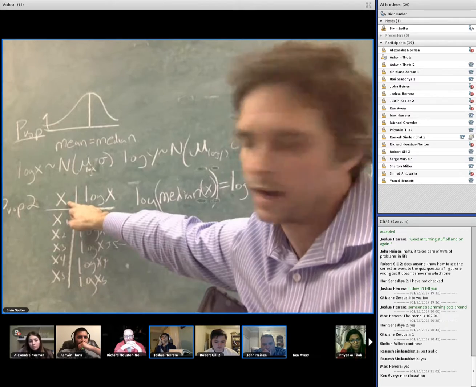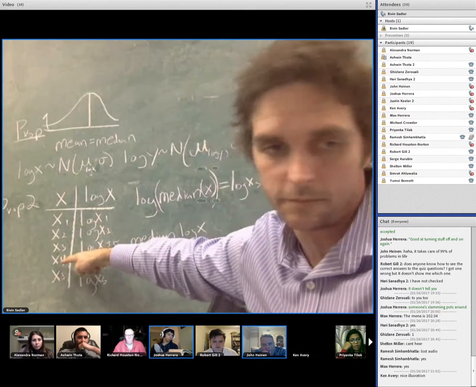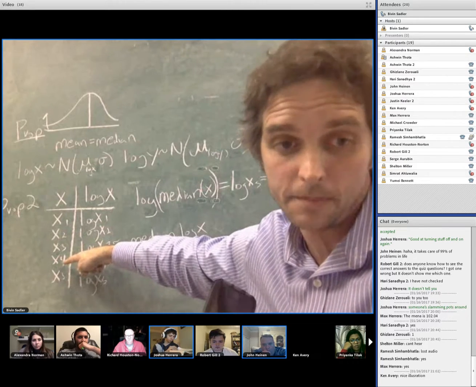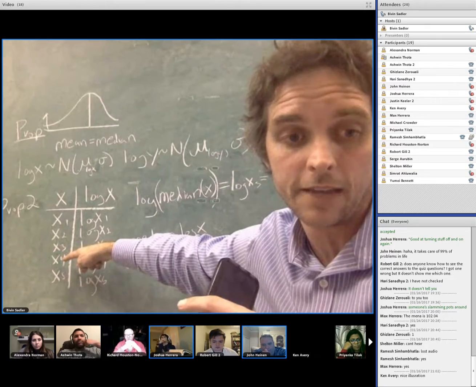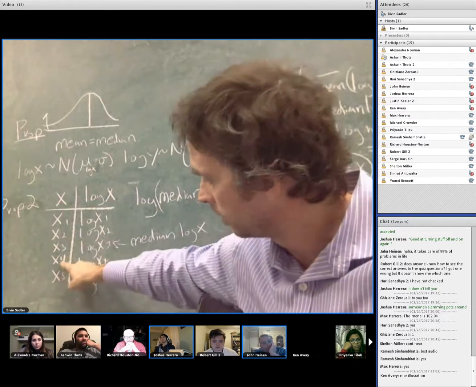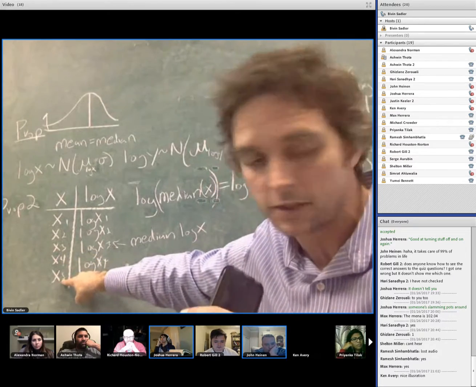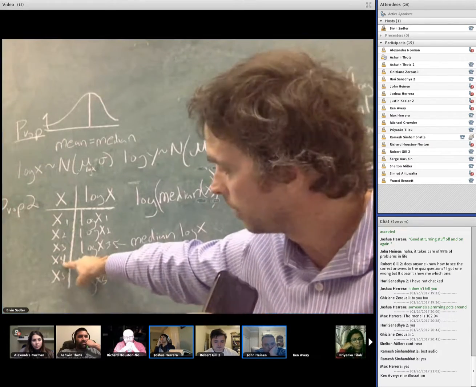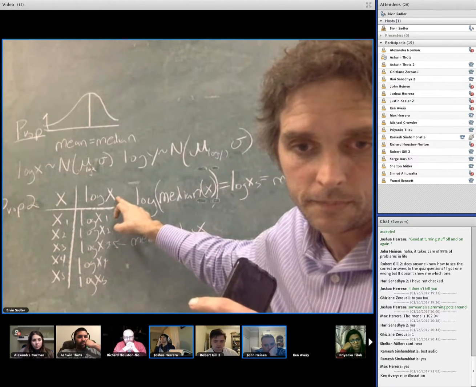Actually, the mean doesn't even have to be one of these values, and I guess the median doesn't either if there's an even number. But the mean could be bigger than X4. To your point exactly, if X5 is a huge outlier, the mean will be bigger than X4. But these guys are supposed to be normally distributed, and so the mean will be somewhere around X3, somewhere around the middle.